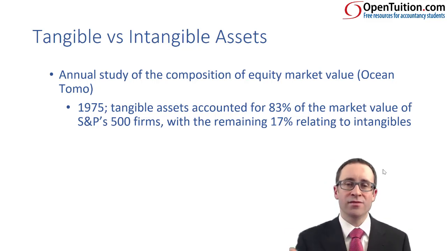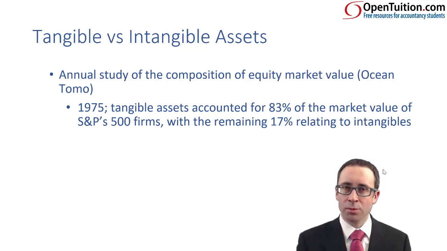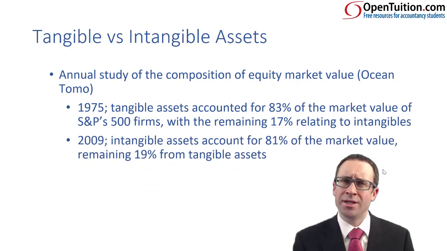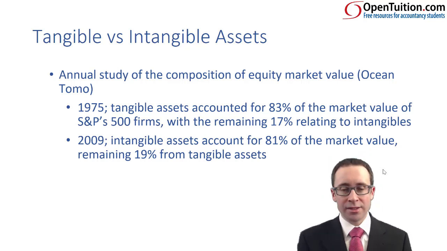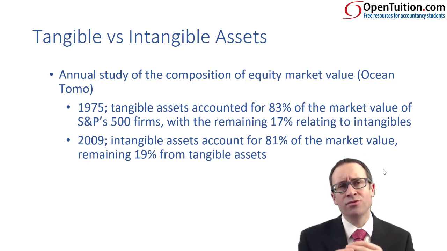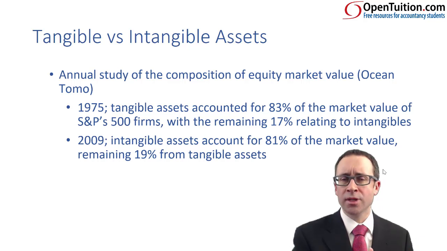In 1975, you can see that the value of your tangibles far outweighed the value of your intangibles. But look what's happened now. We move into, I wouldn't say the present day, because 2009, quite scary to say, is quite a while ago, isn't it? You can see that businesses have changed. There's less reliance on tangibles and more focus on intangibles.